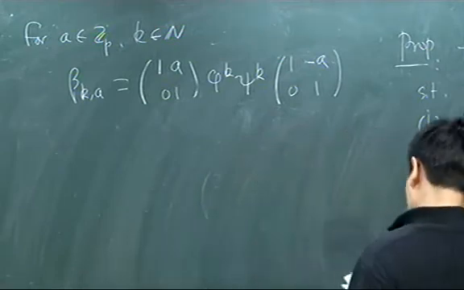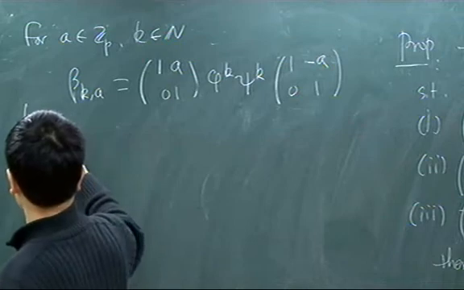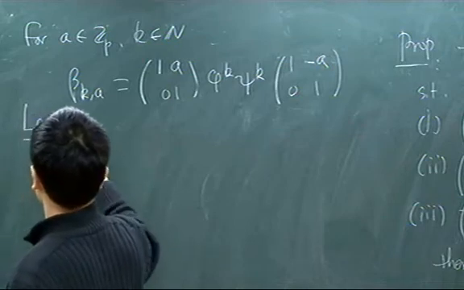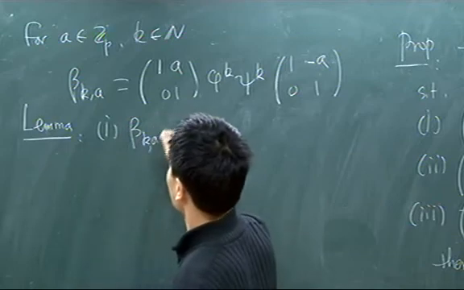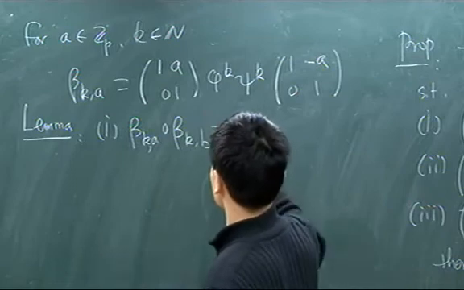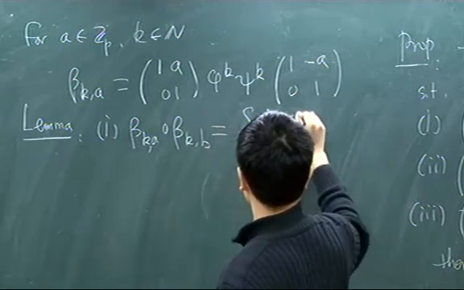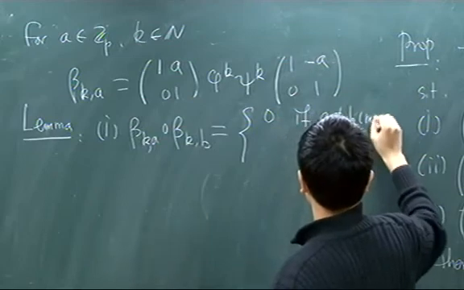I don't know how he gets this, but anyway, you get this. So you have a number like this, beta k a. If you compose beta k b, it's either 0 if a is not b modulo p^k.